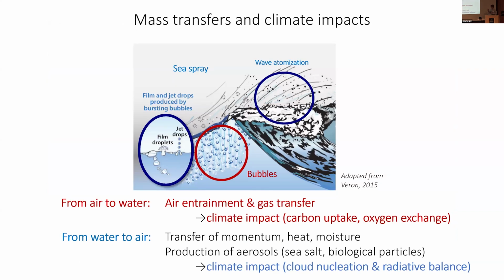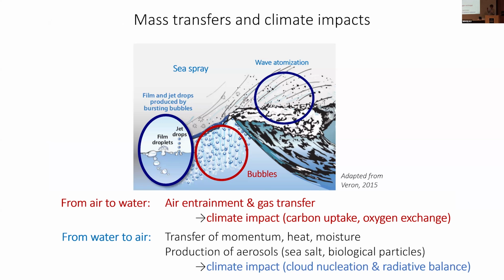So I already mentioned why I started looking at this problem and constraining these fluxes. It's going to be important for CO2, it's going to be important for oxygen. And a lot of the question has been to constrain the total amount of air being entrained. And then on the sea spray generation side, which Kim talked about this morning, it's important for aerosol loading, understanding composition of CCN, and so on and so forth.